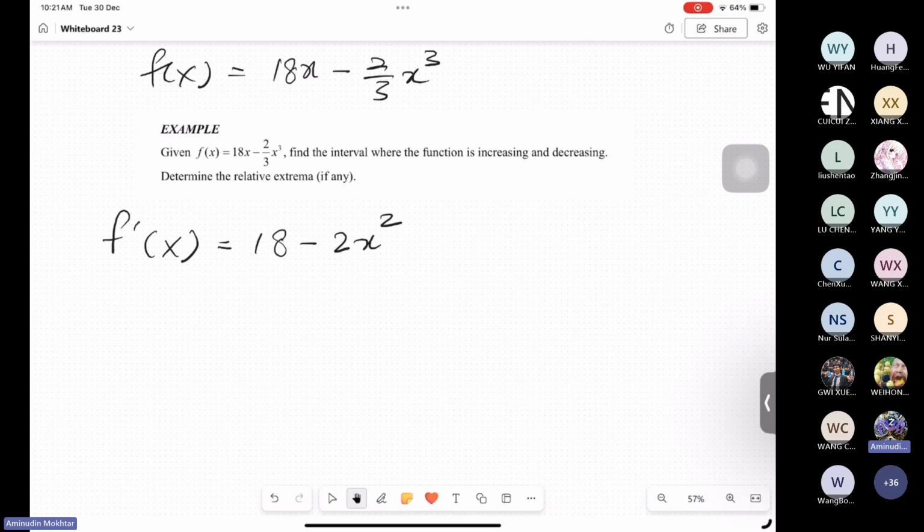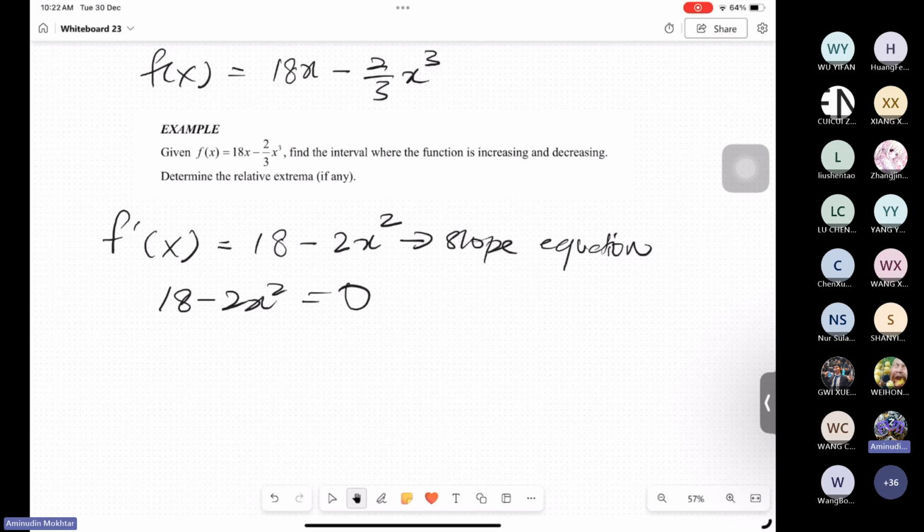In other words, you need to find the slope equation first before you can answer this question. From this slope, we can determine the critical points. At a critical point, the slope is equal to 0.